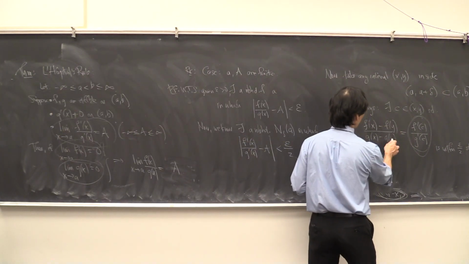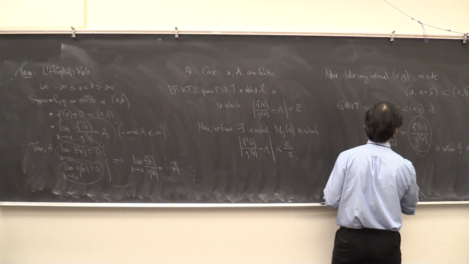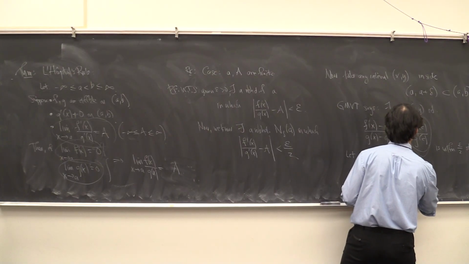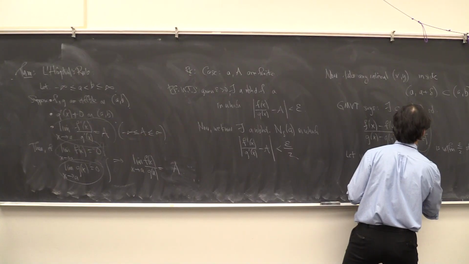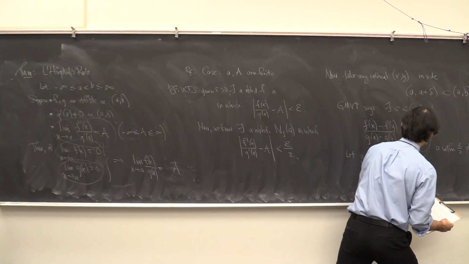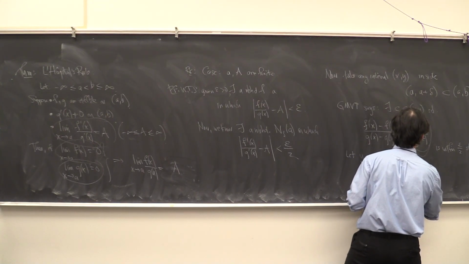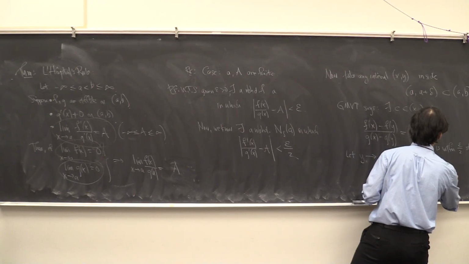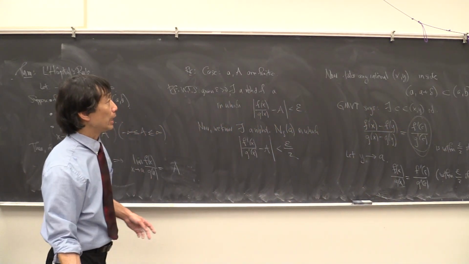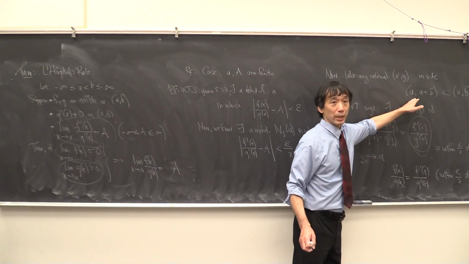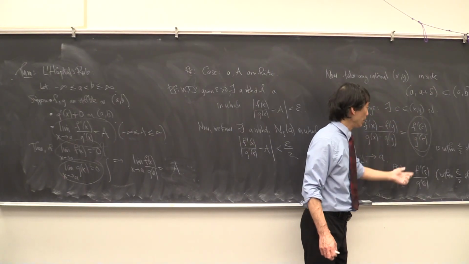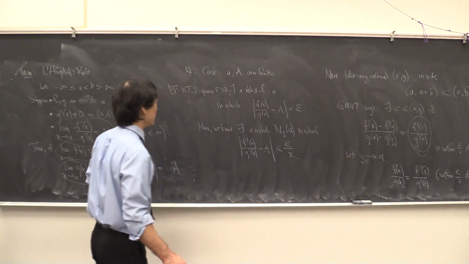And so these guys vanish, and we get f(x) over g(x) equals this number, which is within epsilon over 2 of A. So that tells us that for any x inside the delta neighborhood, f(x) over g(x) is within epsilon of A. And that's what we wanted to show.